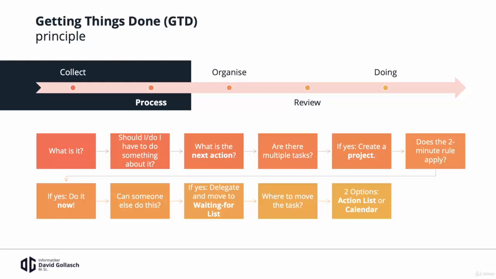If yes, if there are multiple actions, then file it as a project. So create a project on your project list. Well, if no, then proceed, of course, without creating a project.